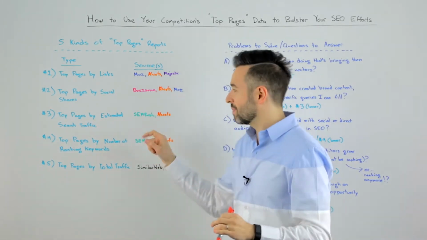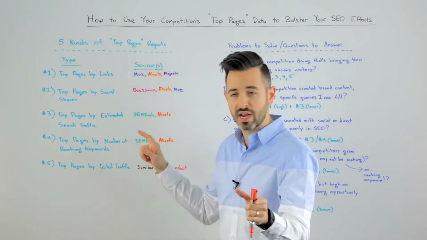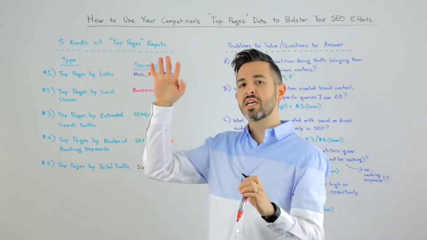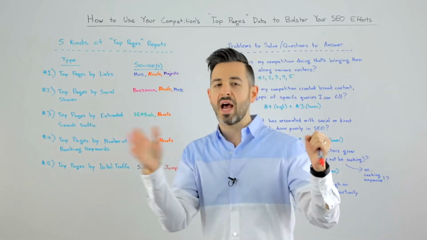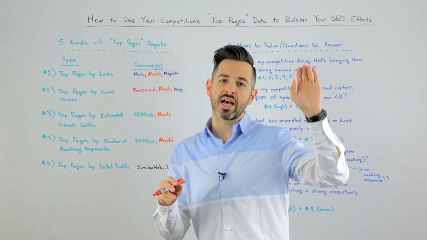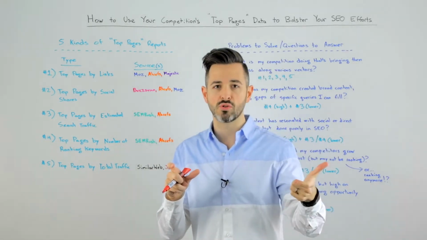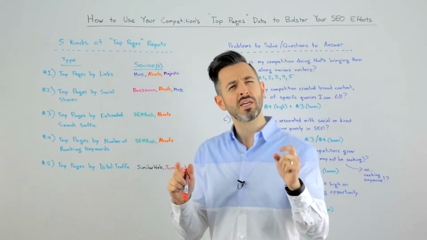Top pages by estimated search traffic. So this is essentially where SEMrush shines. Ahrefs also has this. And basically what they're doing is they're looking at, here are all the keywords that we've seen this URL or this path or this domain ranking for. And here is the estimated keyword volume. I think both SEMrush and Ahrefs are scraping Google AdWords to collect their keyword volume data.